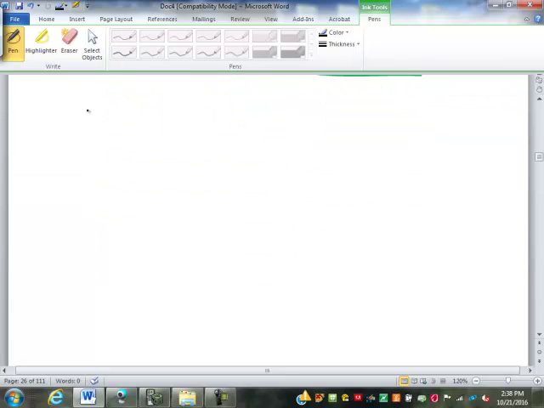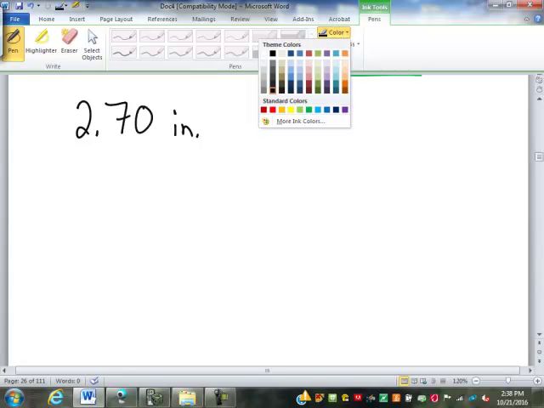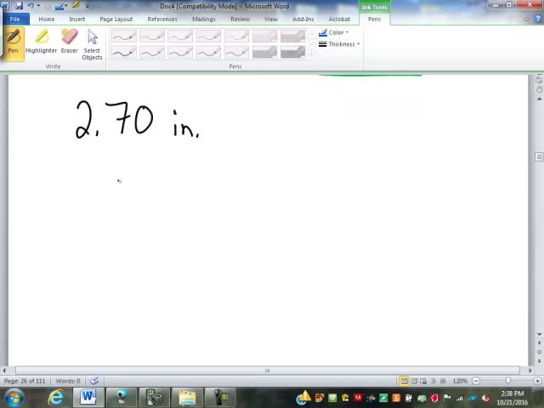Let's say I'm going to report something as 2.70 inches. And I will say that that 0 is correctly reported here. So let's look at our degree of precision. So the 0 is our last place value here. What place value is that in? What decimal place is that in? 0.01.